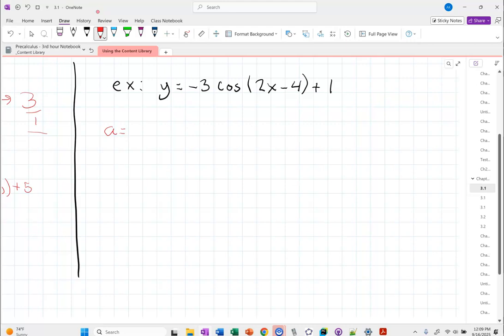Who wants to volunteer to tell me the value for A? Daniel. -3. So remember, we're just thinking about this as the general equation. So we can see A is -3.